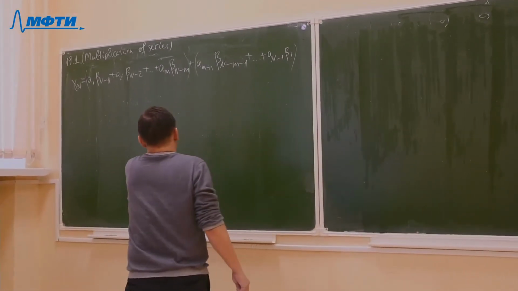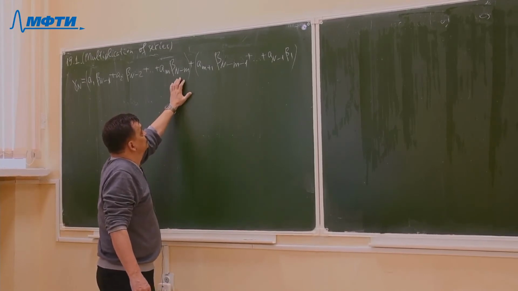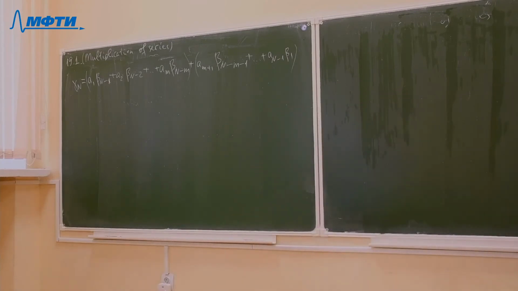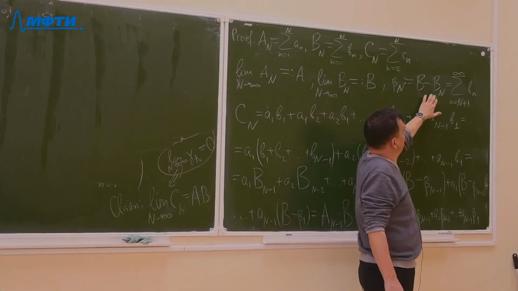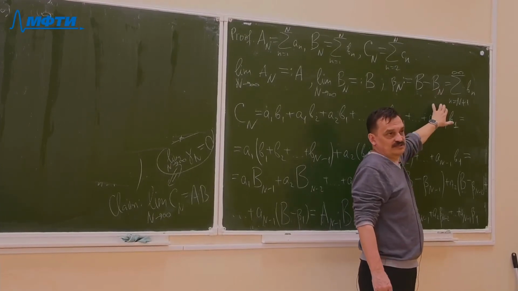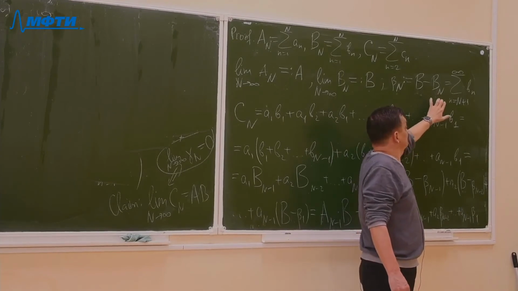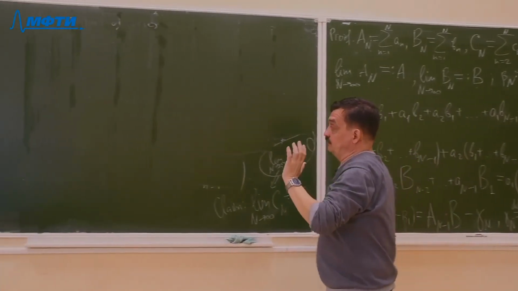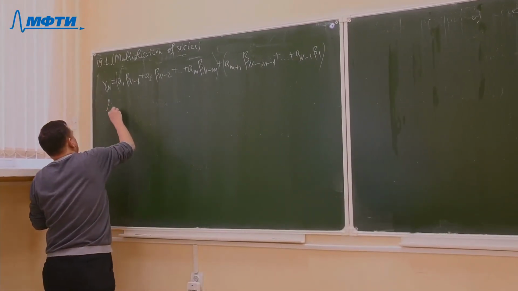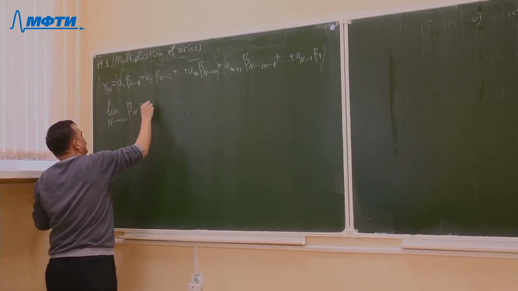And now look, what we know about those betas. Betas are defined as remainders of convergent series, right? Hence, what we know about beta_n: beta_n are remainders of a convergent series, hence the limit of beta_n equals 0.